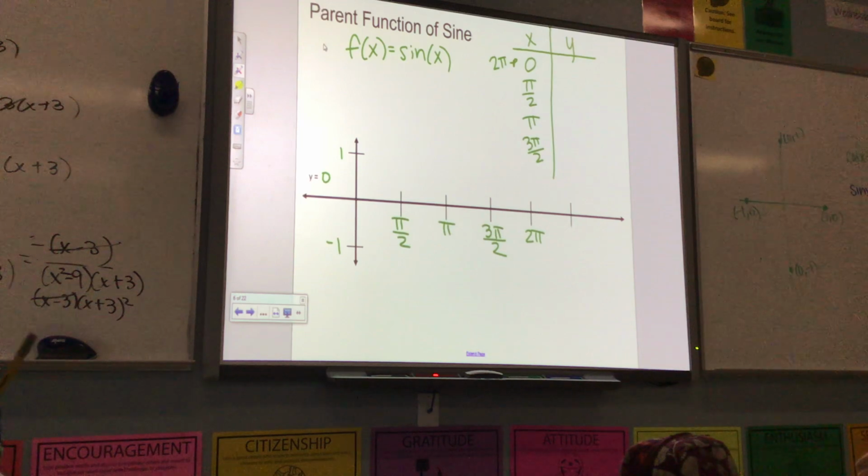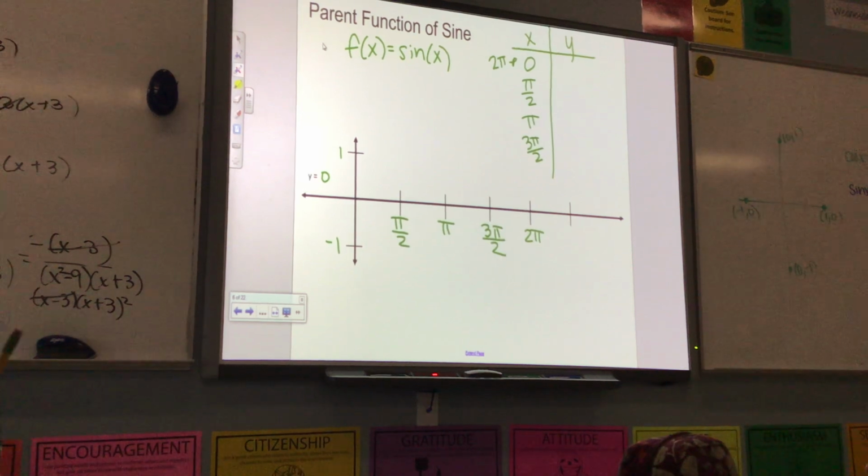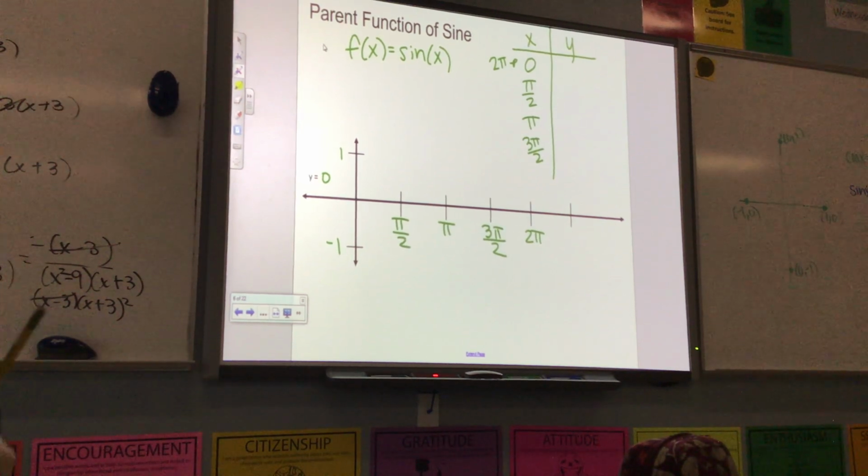So you can do the same thing and take your y values from all of those. So what's the y value at an angle of 0? 0. So 0 over 1 is? Cool.